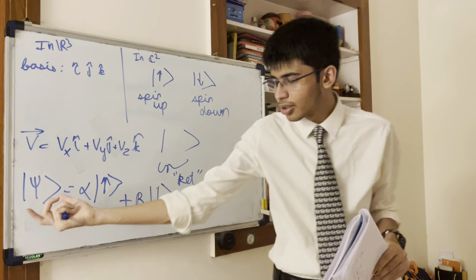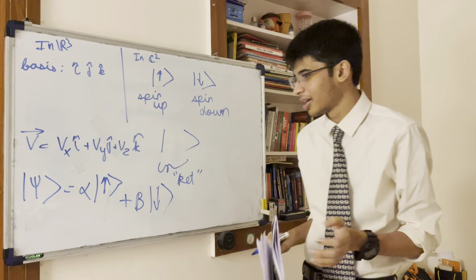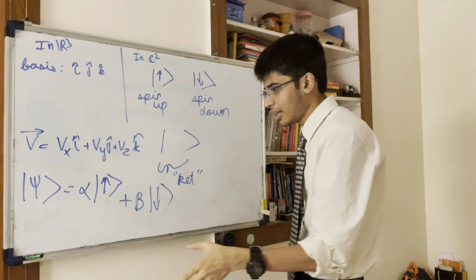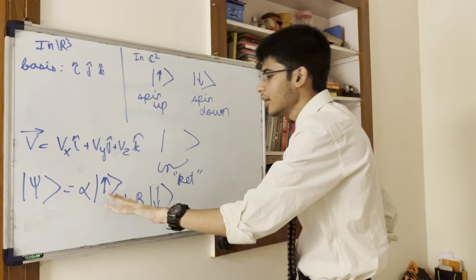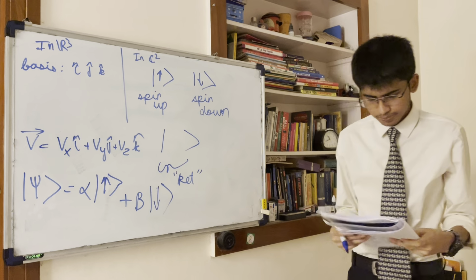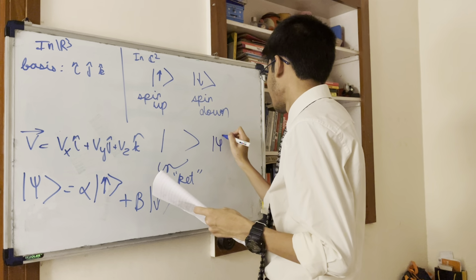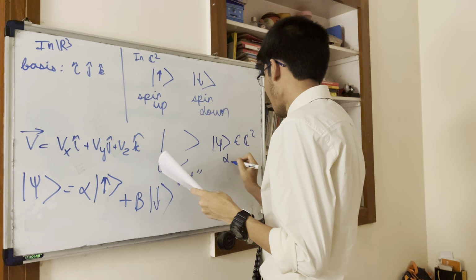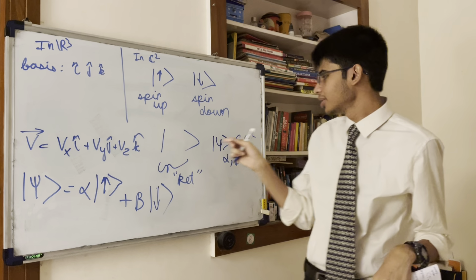So any vector psi, let's take it as psi because we love psi in quantum mechanics because it denotes the wave function. So that can be represented as a linear combination of these two basis vectors. In real we have 3, in complex we have the 2 basis vectors, where you have obviously this belonging to C2 and alpha and beta belonging to C. Why is this C2?